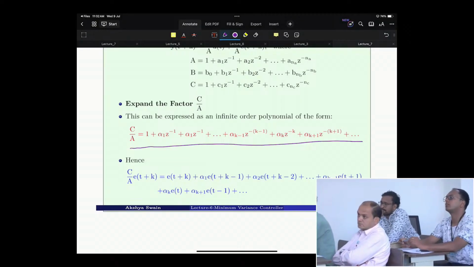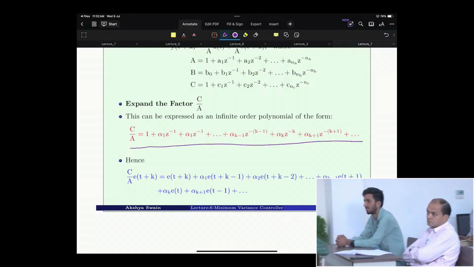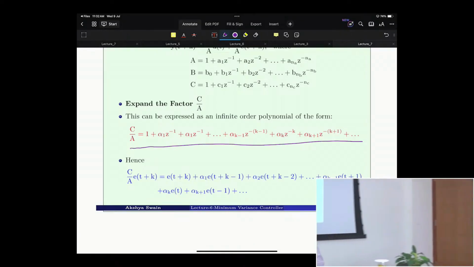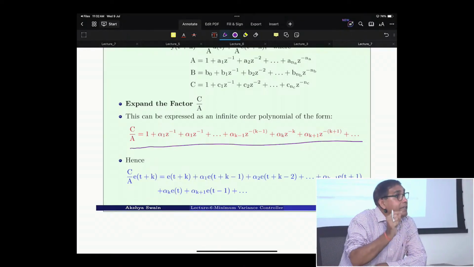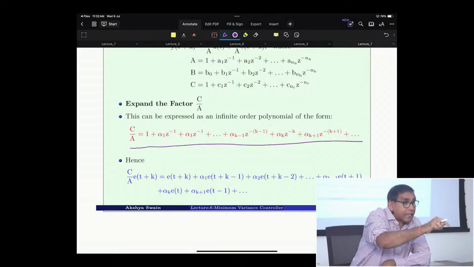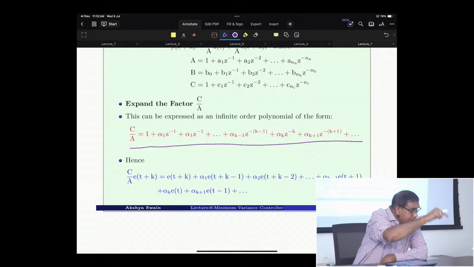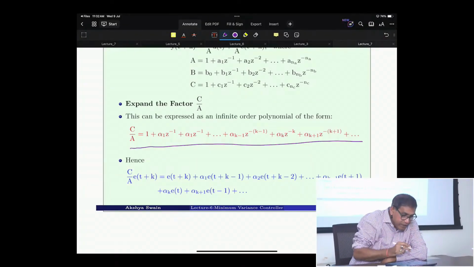So C by A polynomial is an infinite degree, infinite series now. Then C by A et plus k, because that is the culprit. Who is creating the problem? C by A et plus k. Now see this expression here.